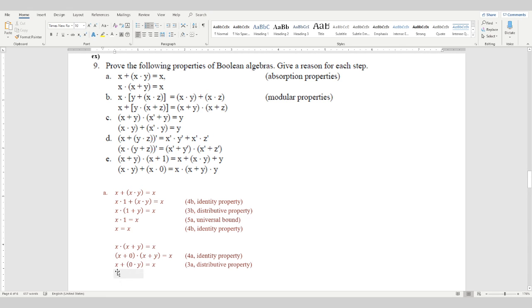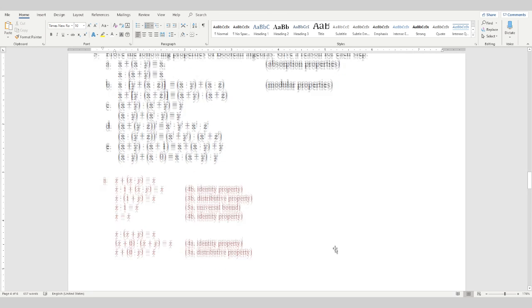And again, to make that more obvious, if we go in the opposite direction, if we take x plus 0, we get our first factor there. And if we take x plus y, we get our second factor there. And then we're multiplying in the middle. Again, this looks a little strange because it doesn't make sense according to the usual rules of algebra. But in Boolean algebra, this is valid, just like it is for multiplication.